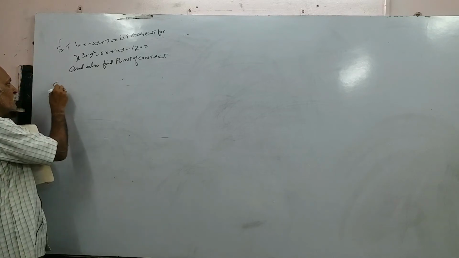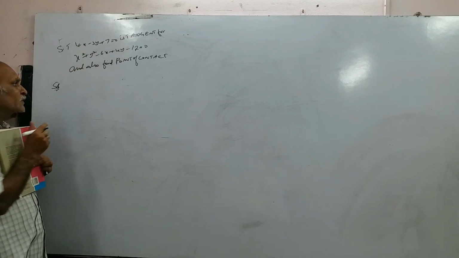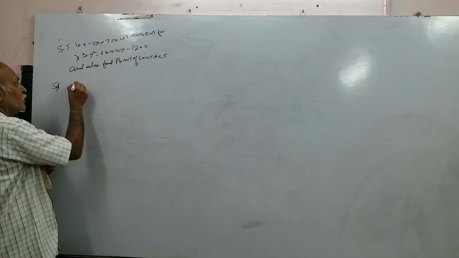Now solution. He is asking this line is the tangent to the circle. Okay. Now first we will write this.